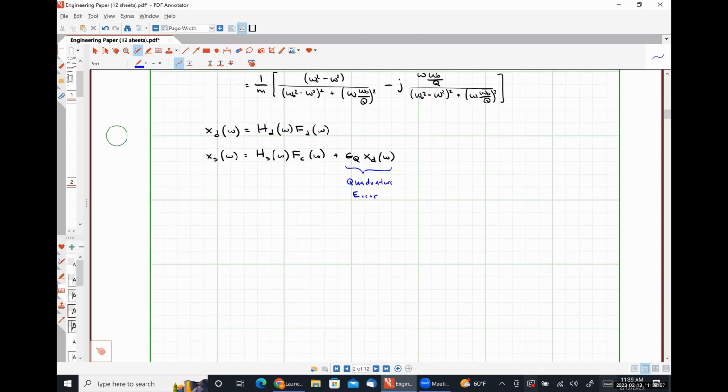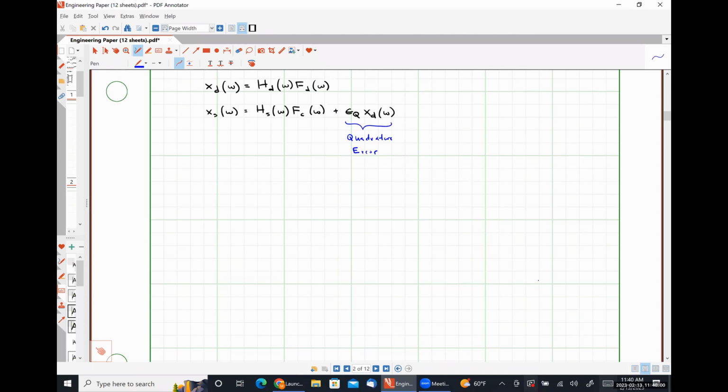So with this information in our pocket, let's talk about the different vibrations that we're going to see. So earlier, I had mentioned that the Coriolis force that is experienced by our mass here is proportional to the vibrational amplitude, right?